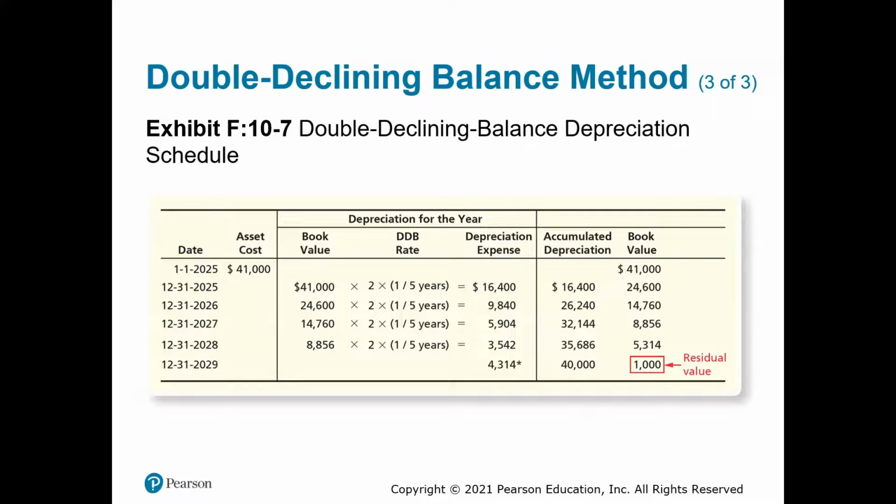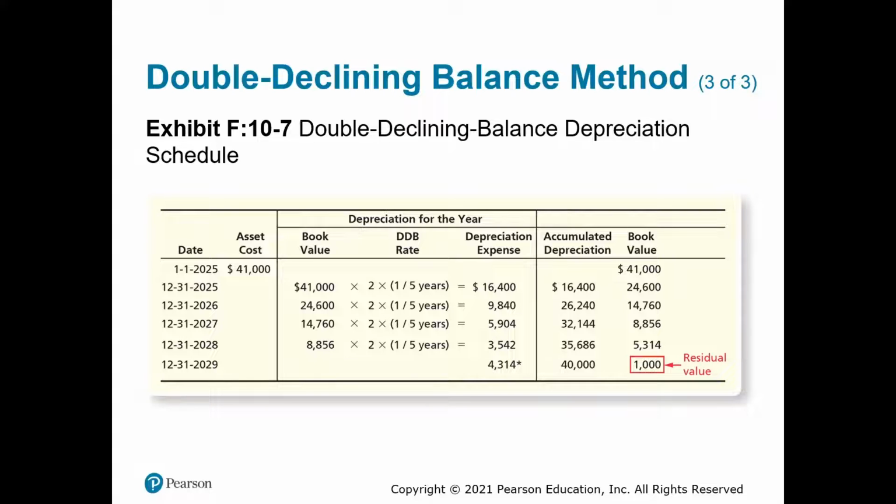Here you see in Exhibit 10.7, it shows the double declining balance depreciation schedule. It reflects the calculation for year 1 and year 2, which was shown on the previous slide.